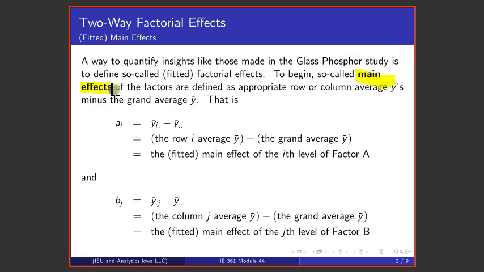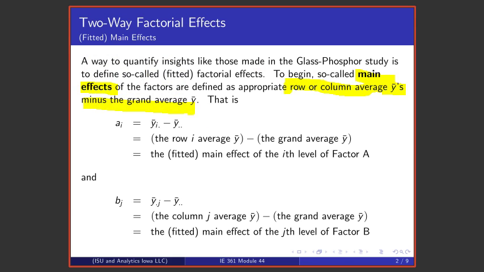Main effects of factors in a factorial study, we're going to define as row or column average y bars minus the grand average y bar.